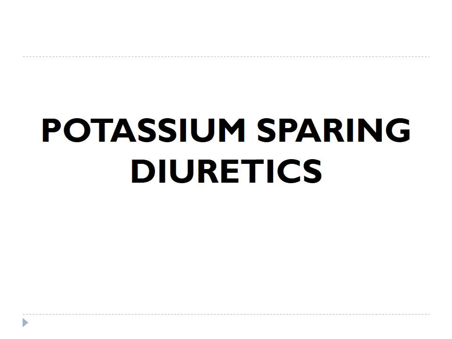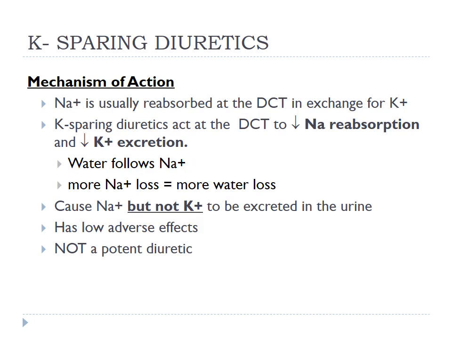Potassium sparing diuretics. I wonder what this does. Mechanism of action. So sodium is usually reabsorbed in the distal collecting tubule in exchange for potassium. So we reabsorb sodium, and we let potassium go out. Okay?